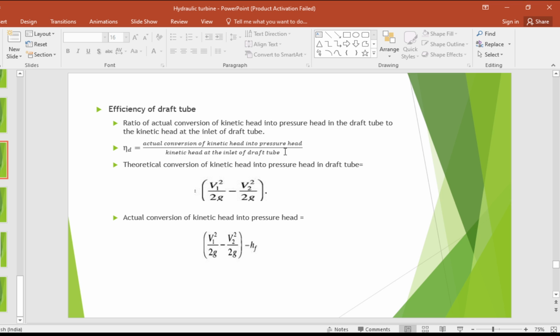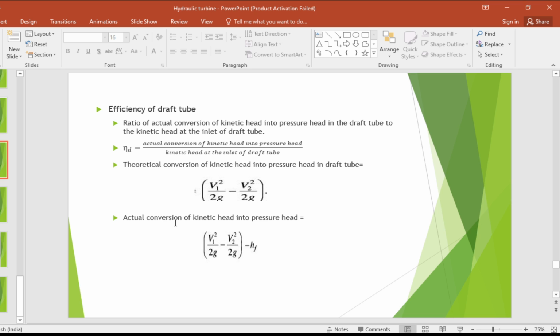Now V1 is the velocity of water at the inlet of the draft tube. Before that, the theoretical conversion of kinetic head into pressure head in the draft tube is V1 square upon 2g minus V2 square upon 2g.